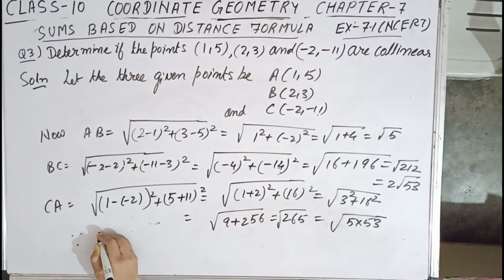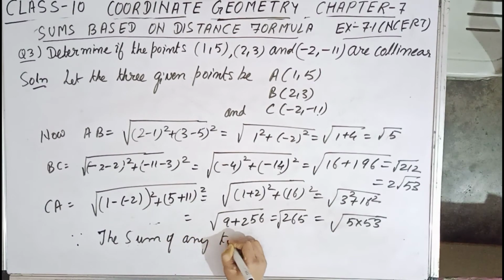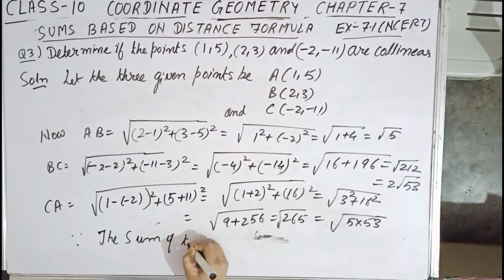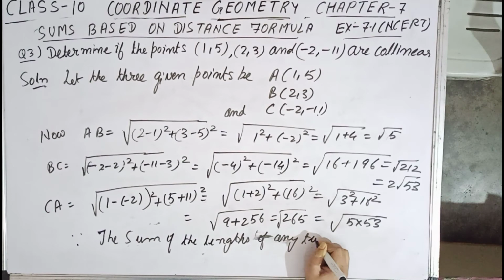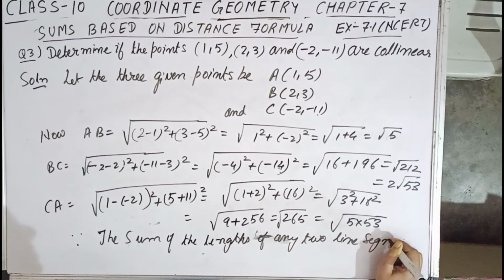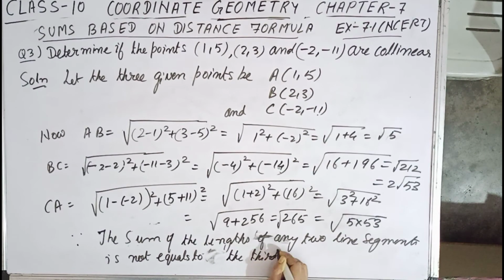Now since the sum of the lengths of any two line segments is not equals to the third one, therefore points are not collinear.